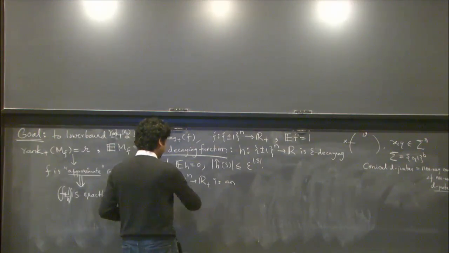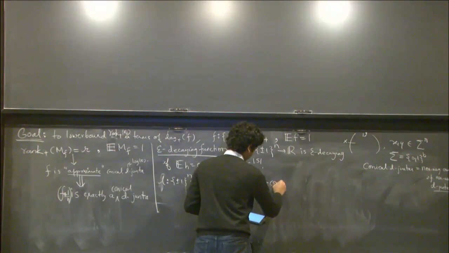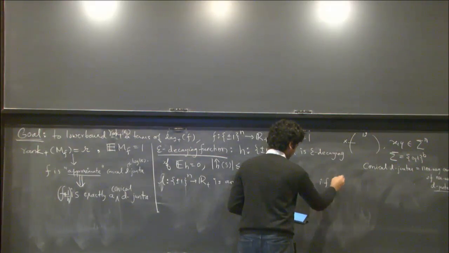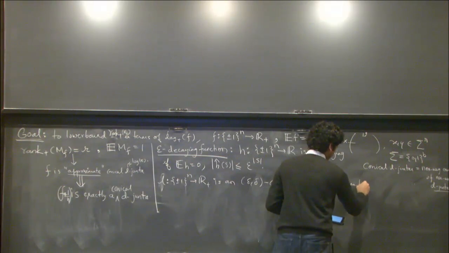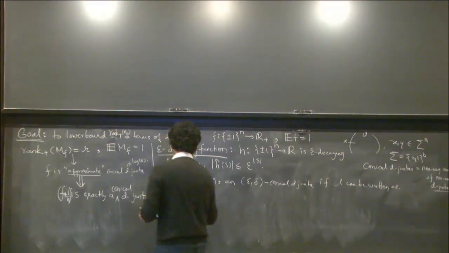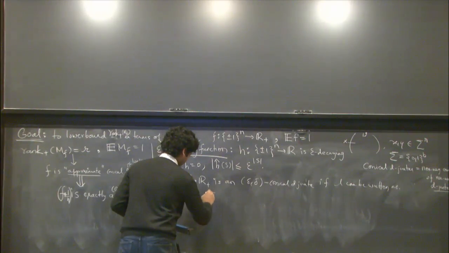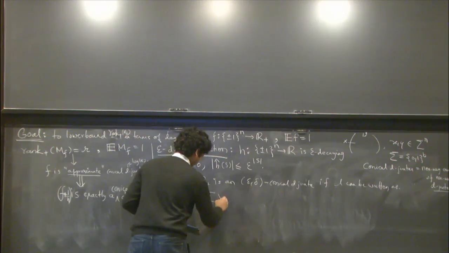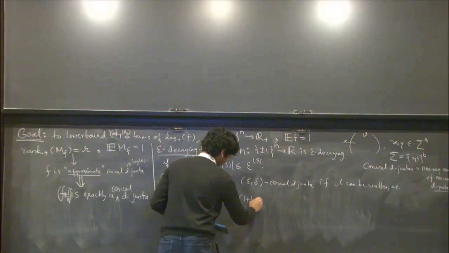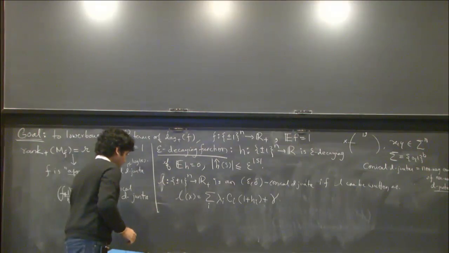And we'll say that L is an epsilon delta conical d junta. This is our notion of approximation, if L can be written as... This is somewhat of a mouthful, so let me explain that a bit.